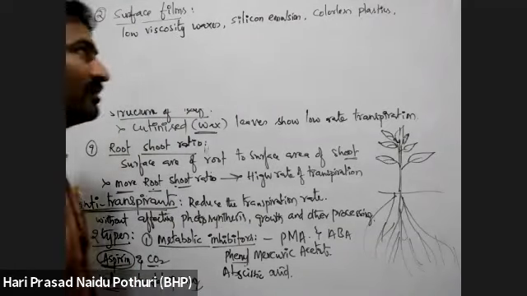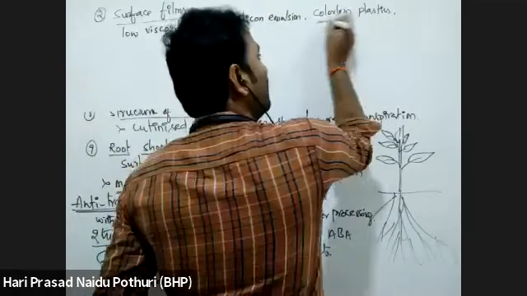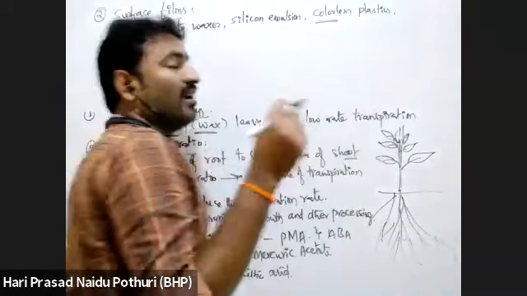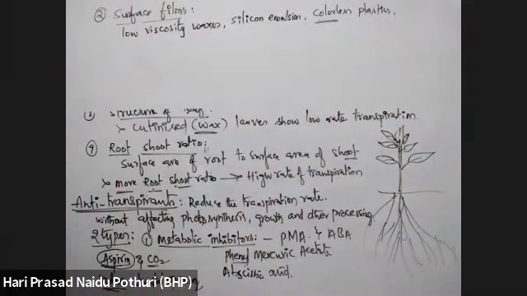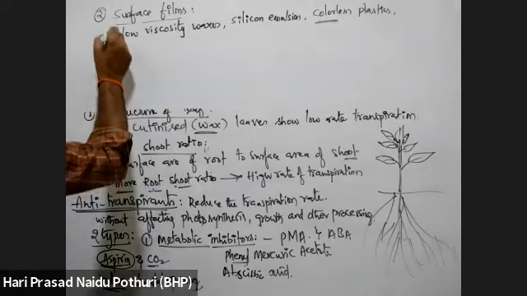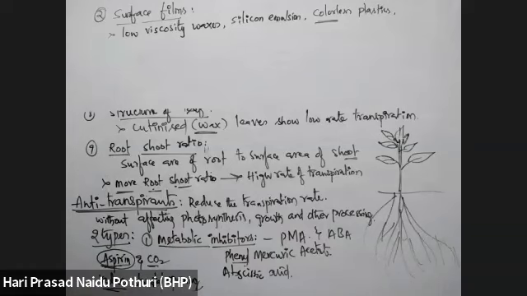Why colorless plastics? If plastic is colored, then light is not available to the leaf for photosynthesis. With colorless plastic, sunlight is available to the plant, no problem, and it can reduce the rate of transpiration also.